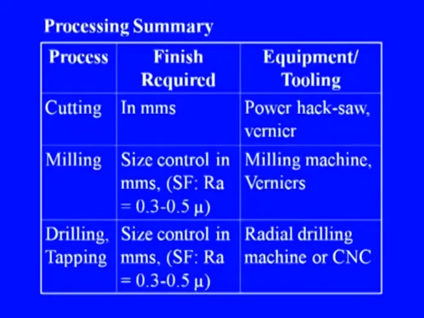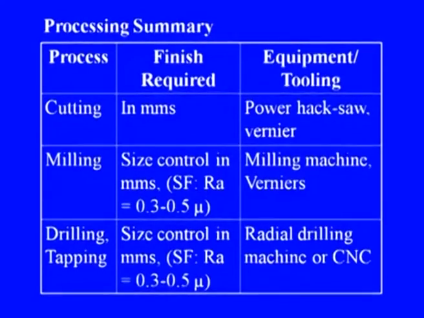Let us now see the processing summary for the above product. Here processes are cutting, milling, drilling, tapping, etc. In cutting, finish required is in millimeters, and equipment or tooling required are power hacksaw and vernier.